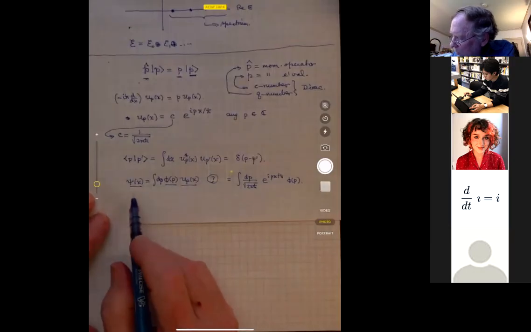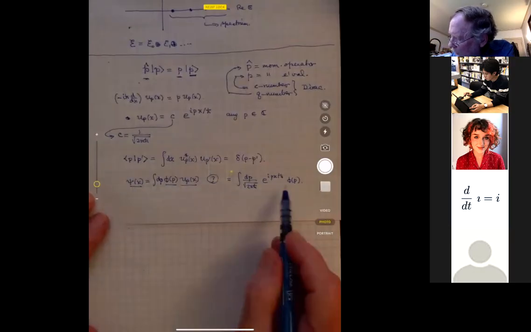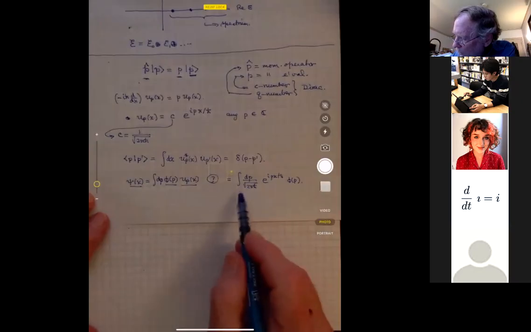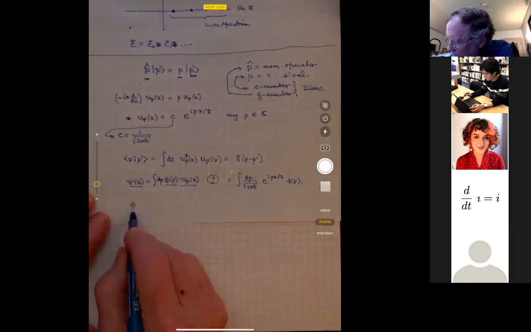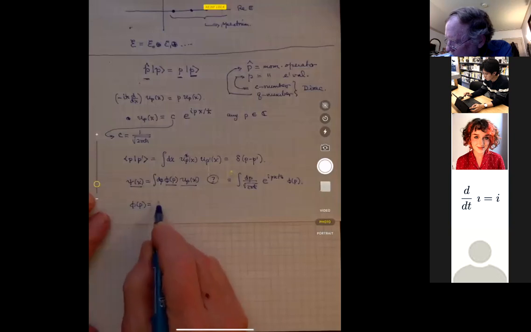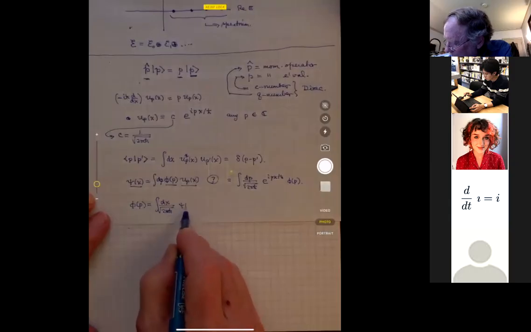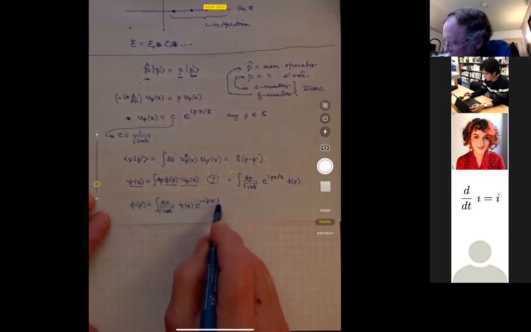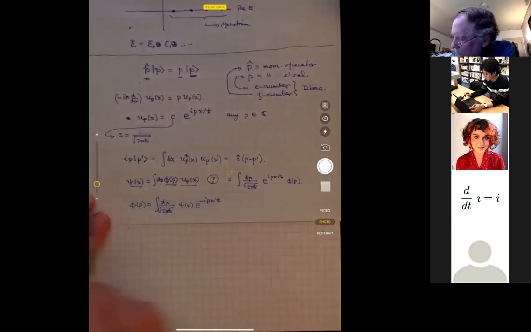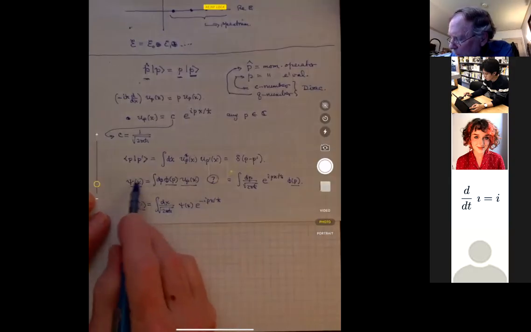And the result is we see that psi of x is the Fourier transform, modulo factors of h bar and so on, of phi of p, which means that phi of p is the inverse Fourier transform: integral dx over the square root of 2 pi h bar of psi of x times e to the minus i px over h bar. So in other words, using the theory of Fourier transforms, there does exist coefficients for a quote unquote arbitrary function psi of x.